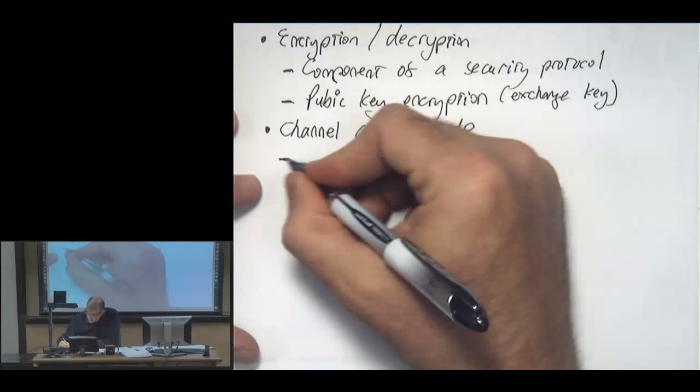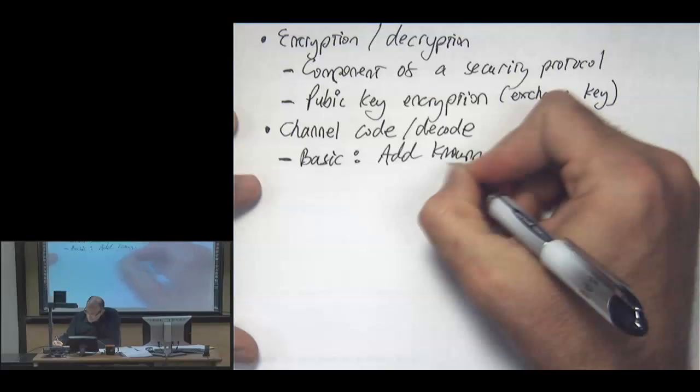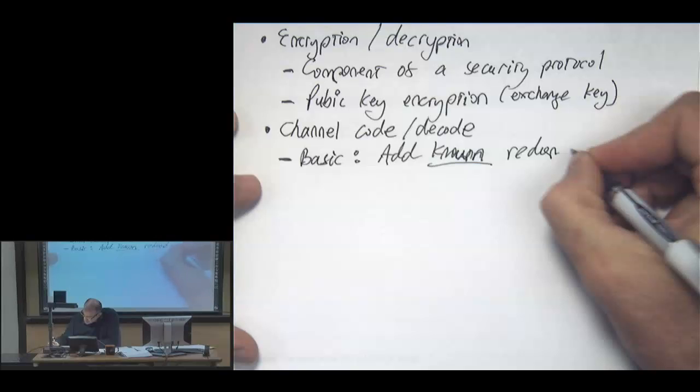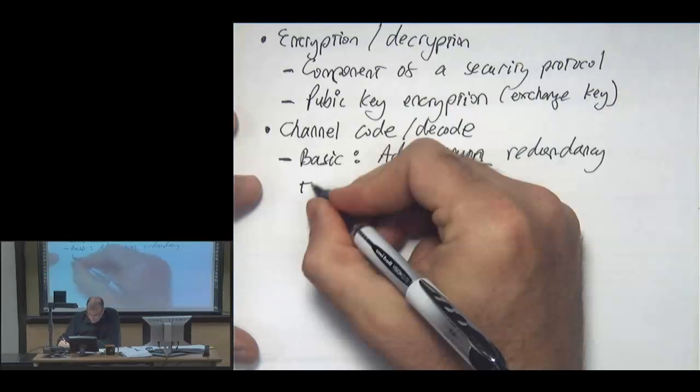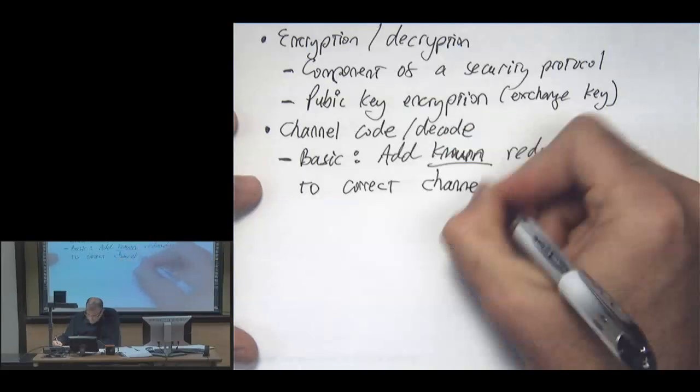So the basic idea, as I mentioned here, is to add known redundancy to correct channel errors.